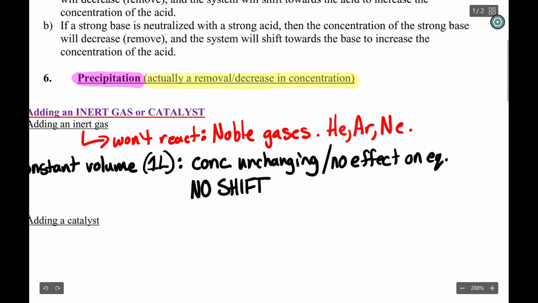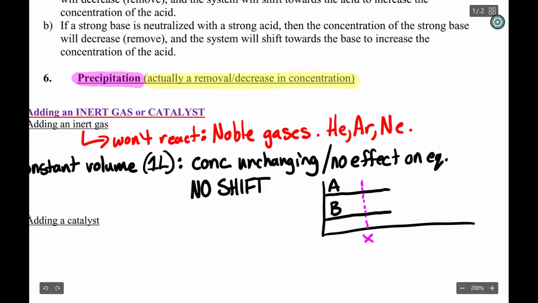And graphically, you couldn't tell. So let's say I had 2 substances, A and B. The lines were flat, and they said at time X, something was added. But the lines keep going flat.